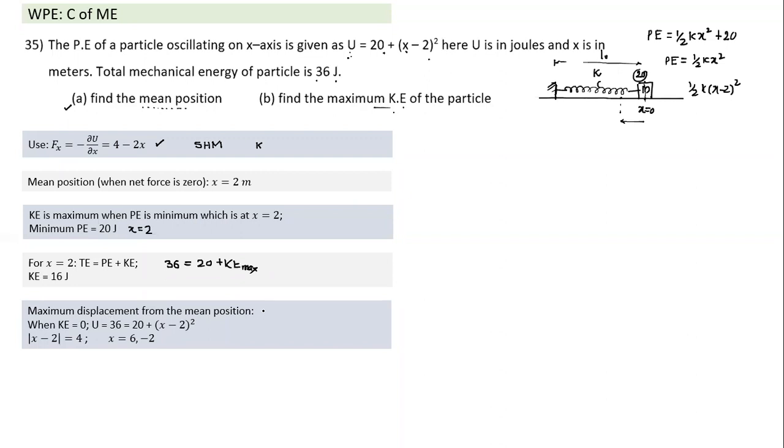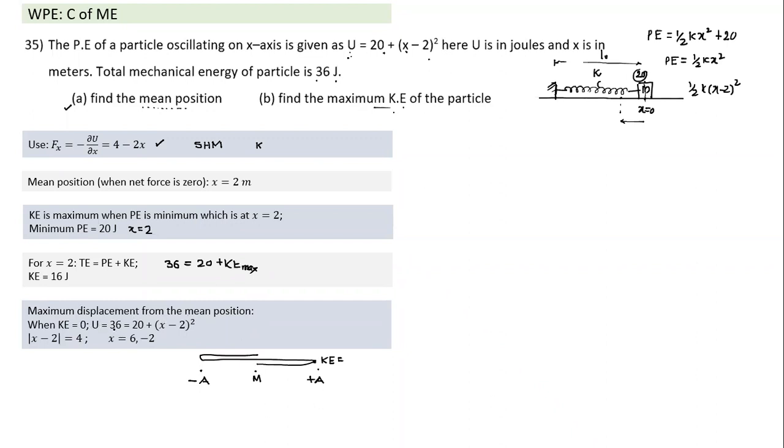Whenever it oscillates in SHM, I hope all of you recall these basic points. When it oscillates like this, this is the mean position. This is the positive extreme position, negative extreme position. That's the amplitude of oscillation. At this point, what happens? Kinetic energy has to be 0. It reverses direction.